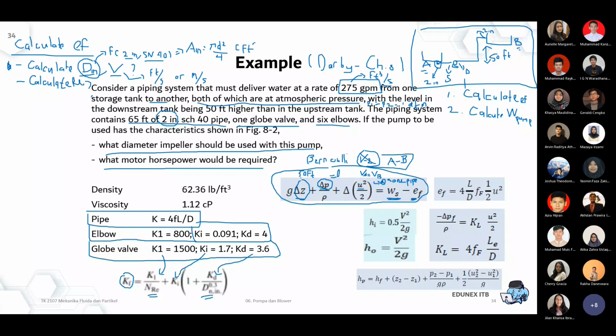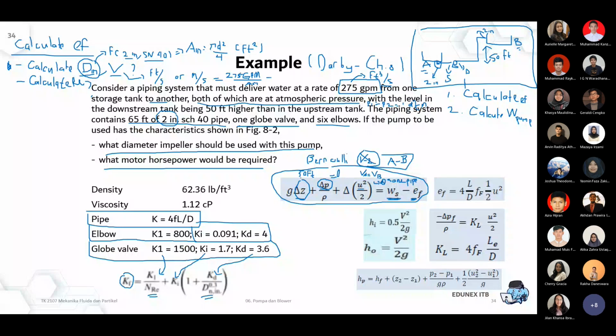So now the feet per second can be found by dividing the 275 GPM by the cross-sectional area.